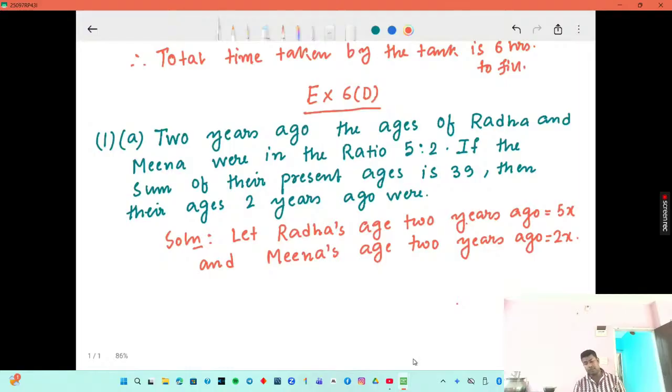Now it is given that the sum of their present ages is 39. How can we find the present age of Radha and Meena? The ratio of their ages is given for 2 years ago.